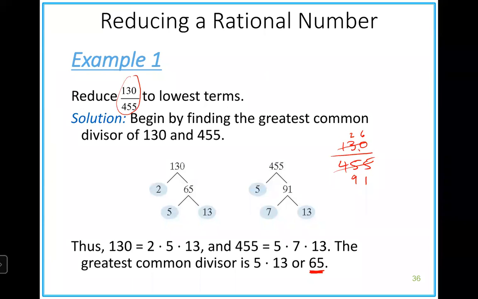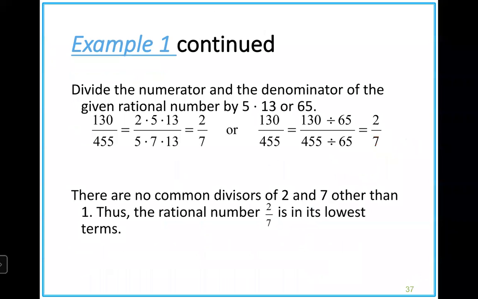You could divide by 13. 13 into 26 is 2. And 13 into 91 is 7. That's equal to 2/7. So you could cancel out to reduce, or you could find the greatest common divisor and divide by that. So just explaining some of the working here. And so the answer was 2/7.